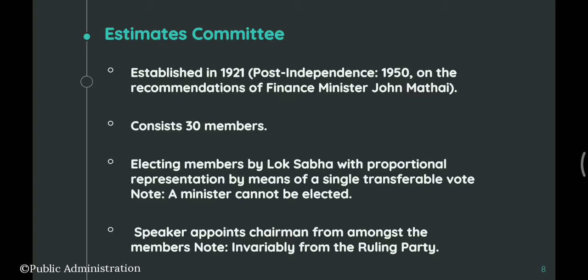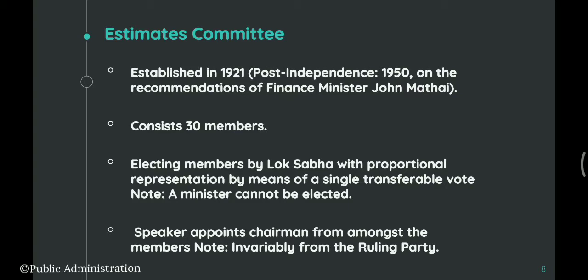So this Estimates Committee consists of 30 members. These members are elected by Lok Sabha with proportional representation by means of a single transferable vote. A minister cannot be selected. So these 30 members are elected by Lok Sabha with proportional representation by means of a single transferable vote, and a minister cannot be elected.